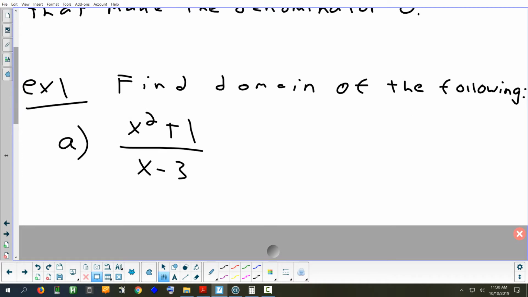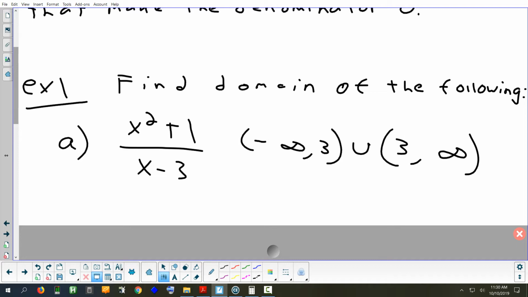Okay, so let's find the domain of A. What's the domain there? All real numbers except for 3. So you could write that out, all real numbers except for 3. Or we could say negative infinity up to, not including 3, or 3, not including it, up to infinity.